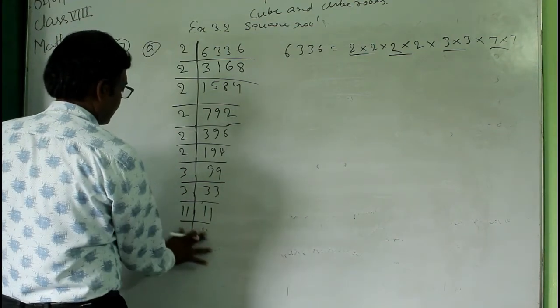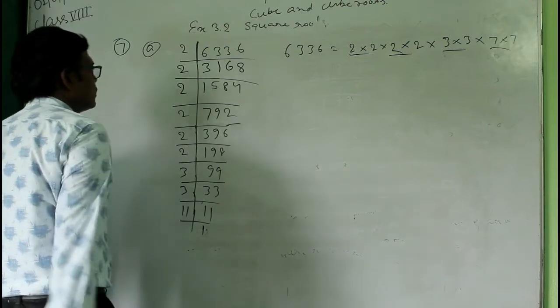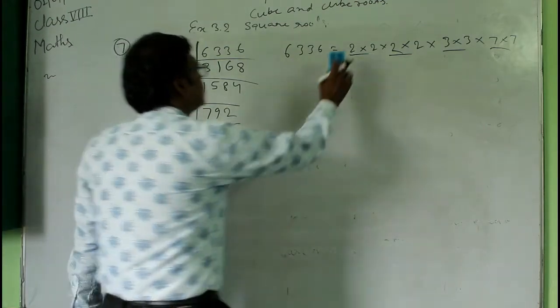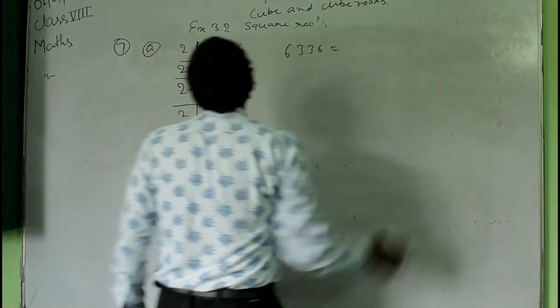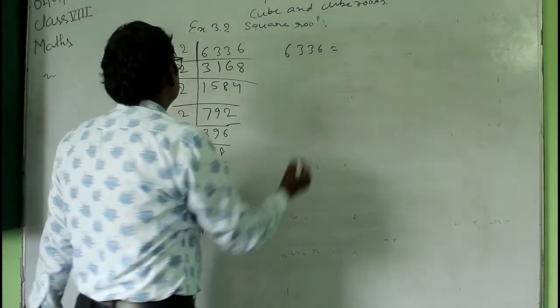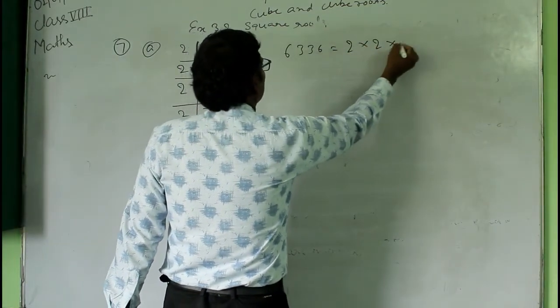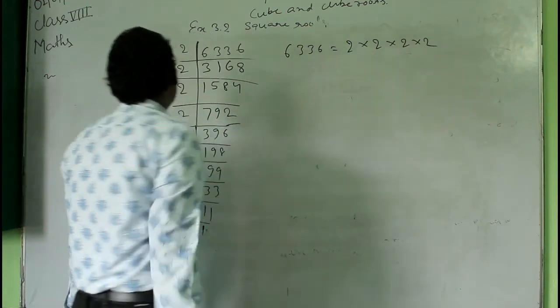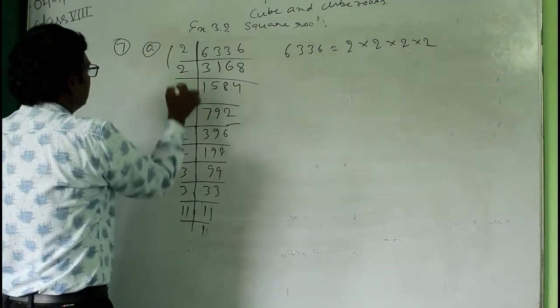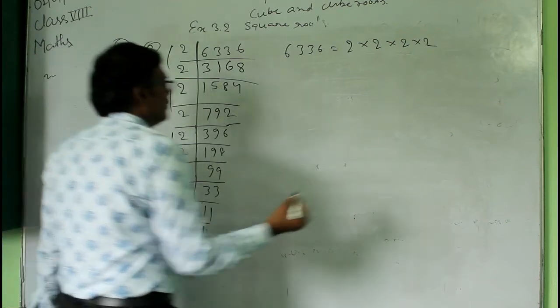So this here. Now this is not correct. So the correct factorization is this here, that 2 into 2 into 2 into 2. So there are 1 pair, 2 pair, 3 pair.